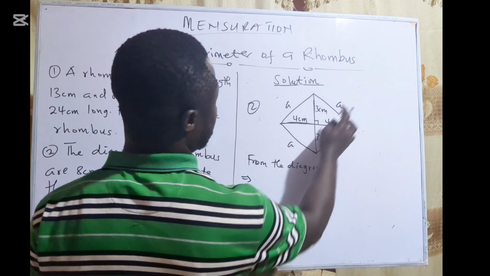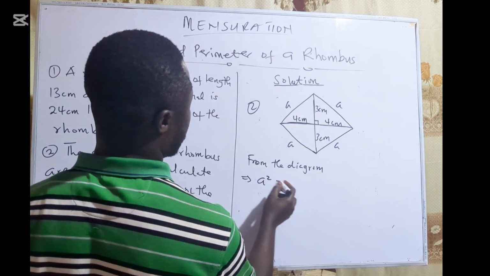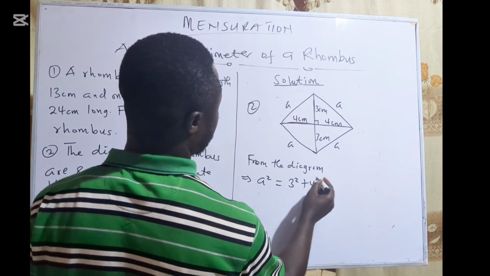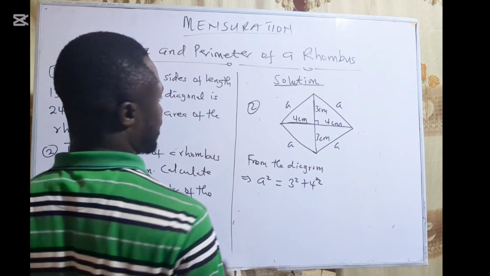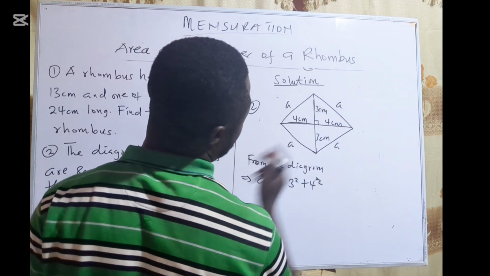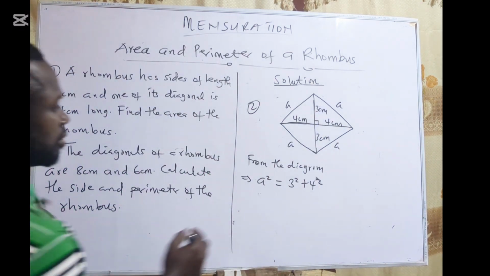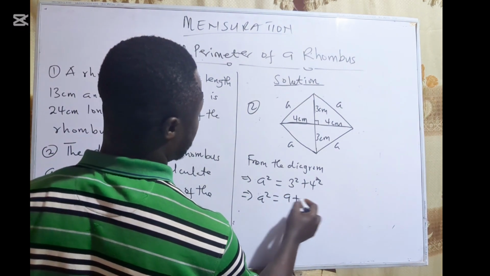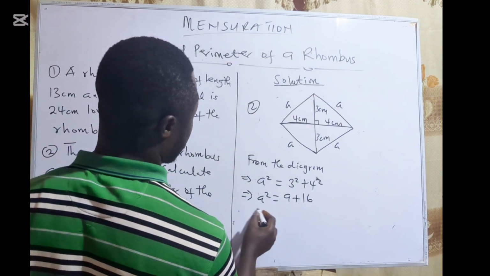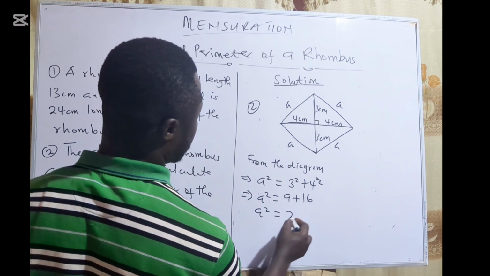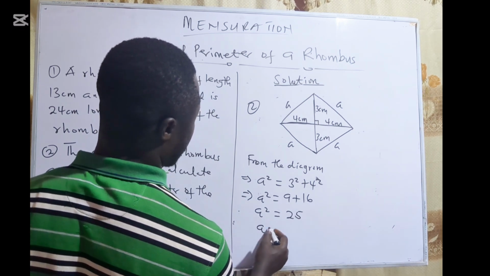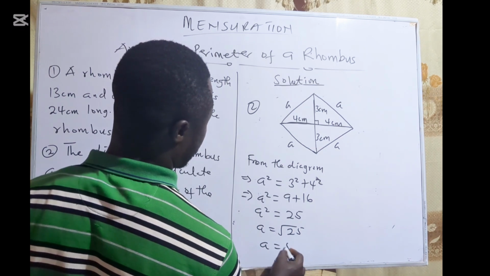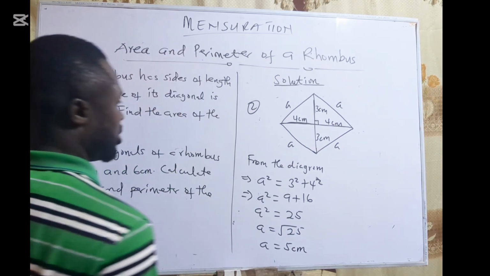It implies that this becomes the hypotenuse. A squared is equal to 3 squared plus 4 squared. These are all right angle triangles. So my A squared will be equal to 9 plus 16, that is 25, and A is going to be the square root of 25, which gives me 5 centimeters.